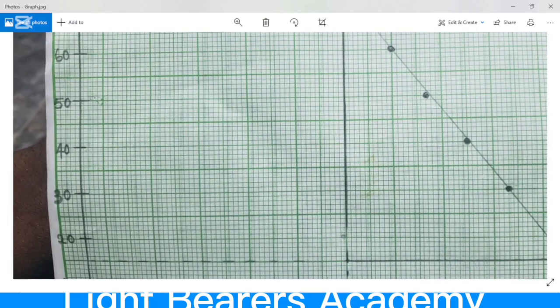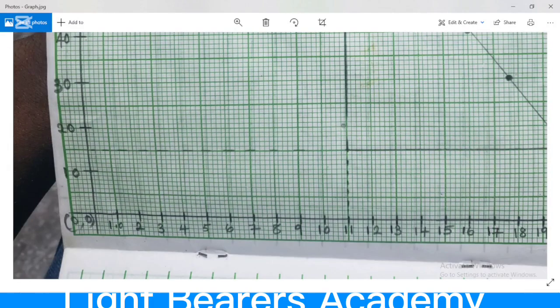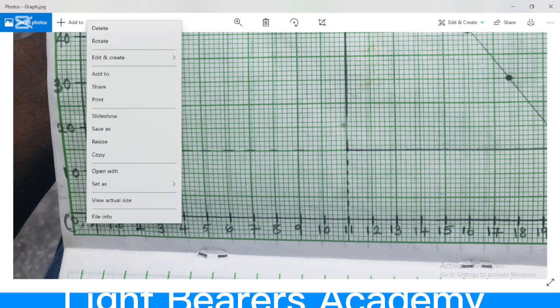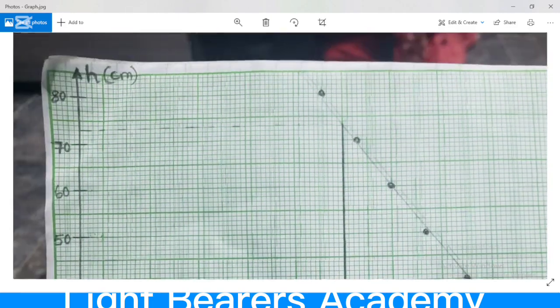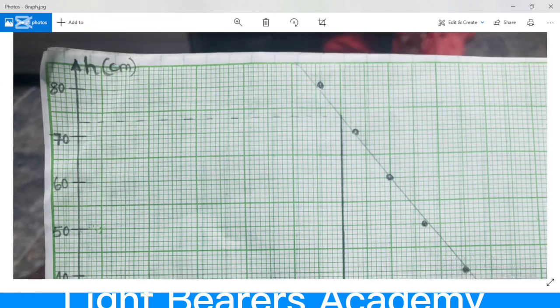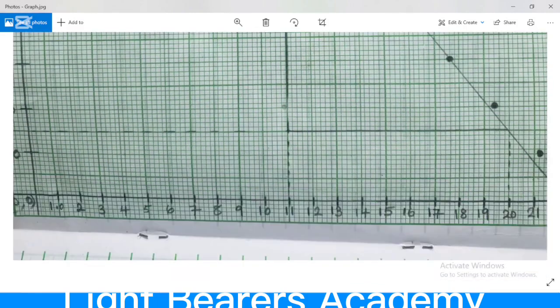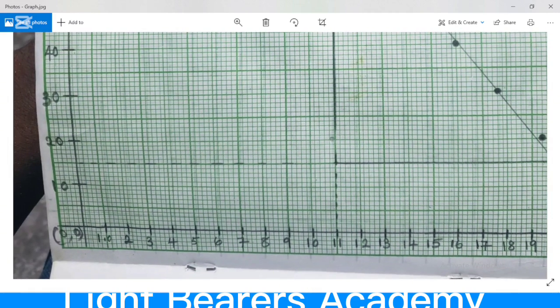All right, let's take a look at the graph again. For h-axis, the point closer to the origin is called h1, and the point far away from the origin is known as h2. For t-square axis, the point closer to the origin is known as what? t-square 1.